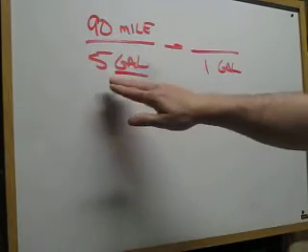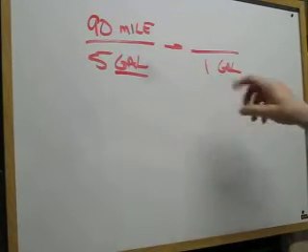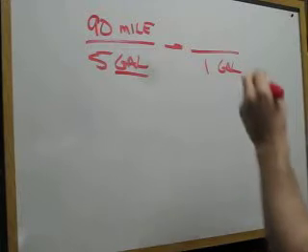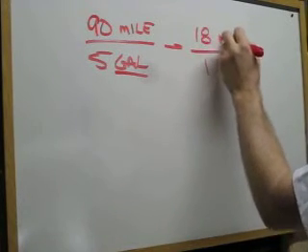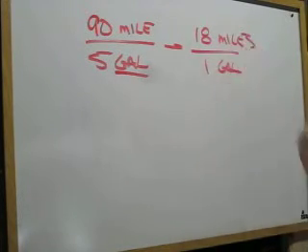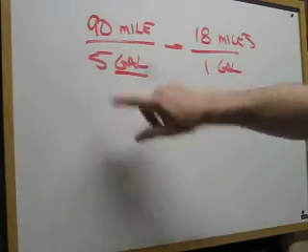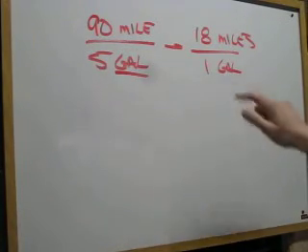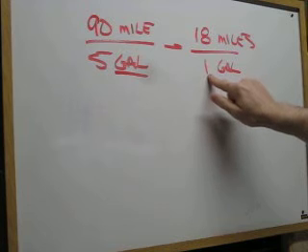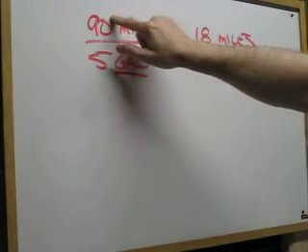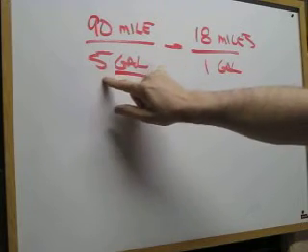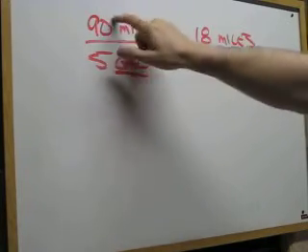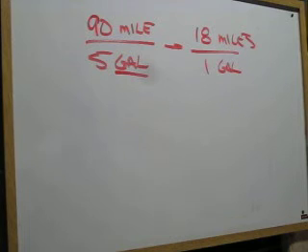How far is it going to go on 1 gallon? We divide out and we get 18 miles. All we did was take 90 divided by 5. Anytime we're trying to get a 1 on the bottom, which is always, you just divide the top number, 90 divided by the 5. The 5 goes into the 90 18 times, and you're good.